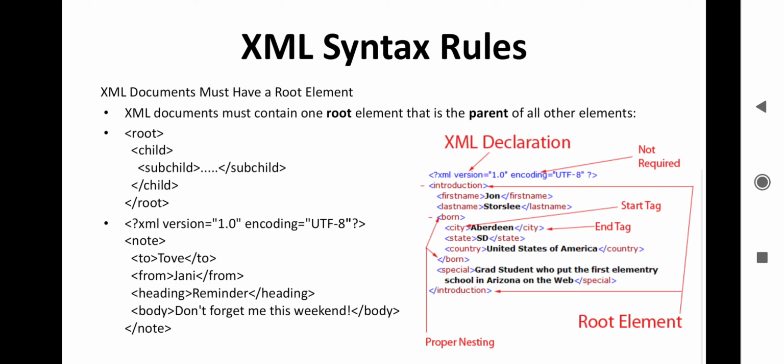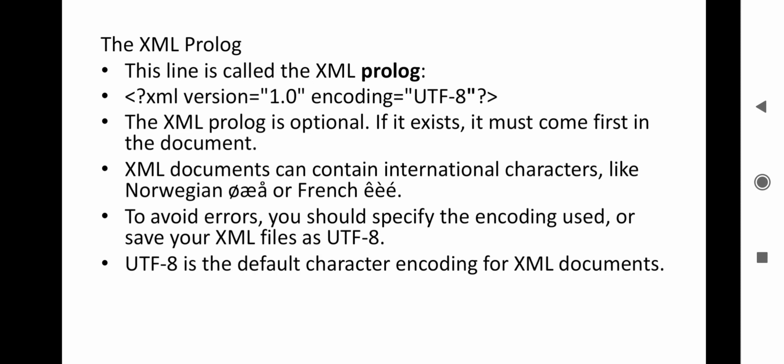If you have started with the root, you must end with the root and check the alignment, so it is easy to read. Then you write the XML version, then encoding, then note is the root element here, and to, from, heading, body are the different elements. These are the user defined tags in an XML document.